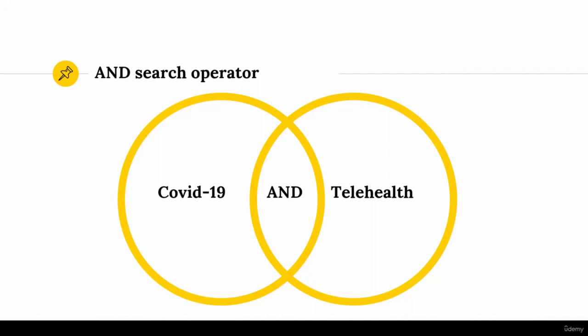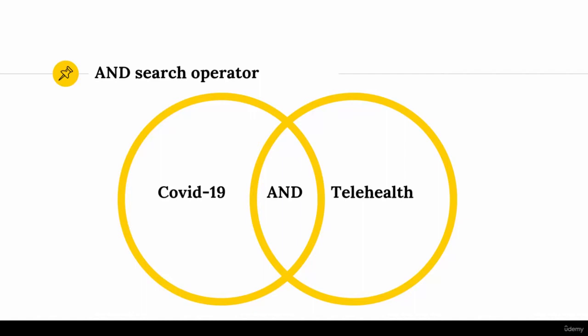So we're not interested in results about COVID-19 that don't mention telehealth, and we're also not interested in telehealth unless it includes COVID-19. So from this diagram we can see that this will reduce the number of your results. This is really helpful, as it means you can make your results much more targeted and relevant.